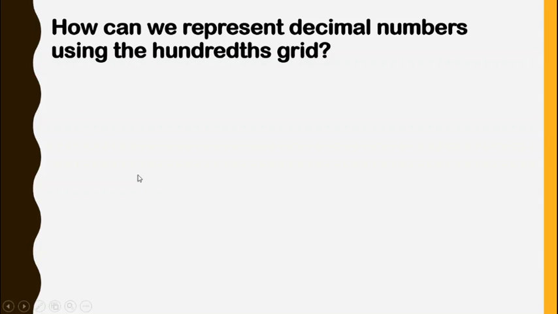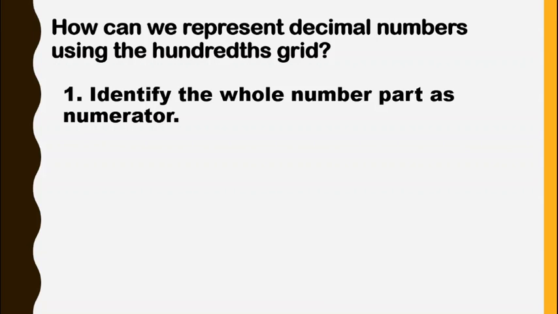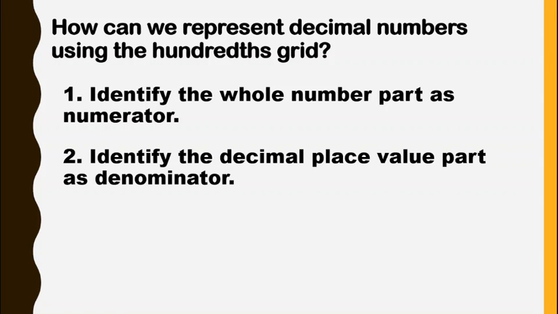So how can we represent decimal numbers using the hundreds grid? First, you need to identify the whole number part as the numerator. Second, identify the place value part as the denominator. Or simply, if your decimal digit is only 1, that means your denominator would be 10.